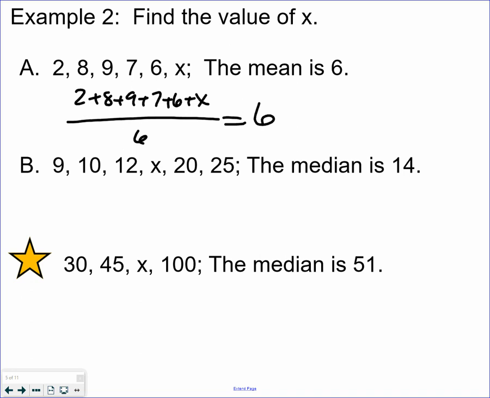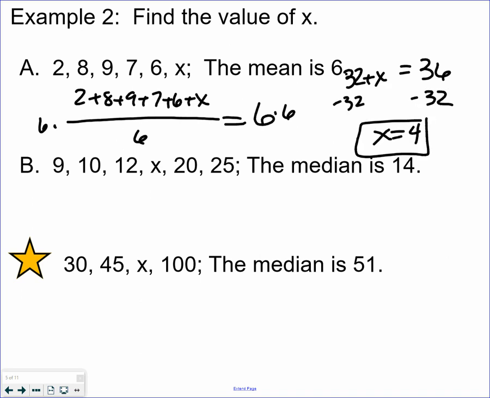So now, solving this, I'm going to multiply both sides by 6 and get 36. 2 plus 8 plus 9 plus 7 plus 6 is 32. And so then using a little algebra skills here, I find the value of x to be 4. So in order to have an average of 6, the last value in the data set would need to be 4.